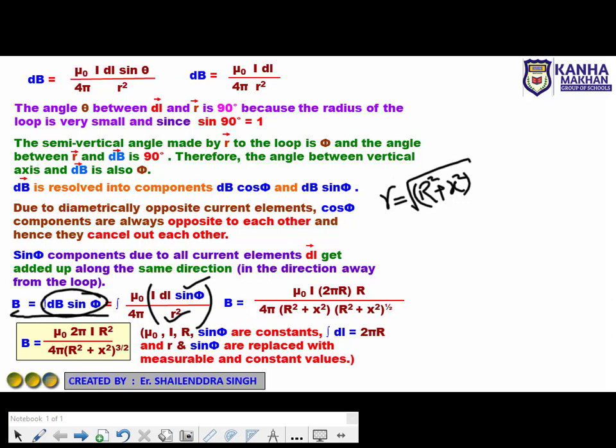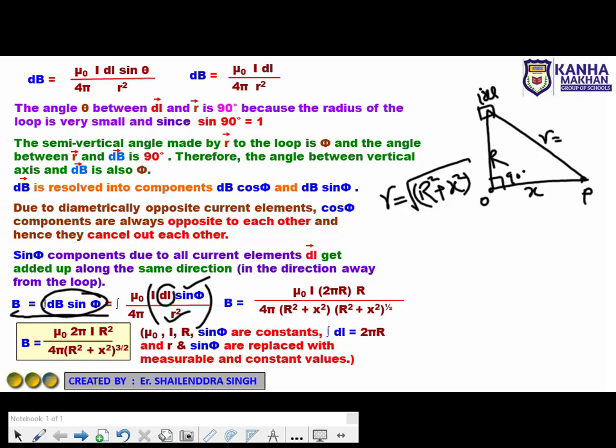According to the previous figure, you know very well, it was the capital R, it was the x, and it was the small r in a right angle triangle. It was the center of the loop, here was the point P, and here the current element I dl was situated. Now you will get the result by integrating.